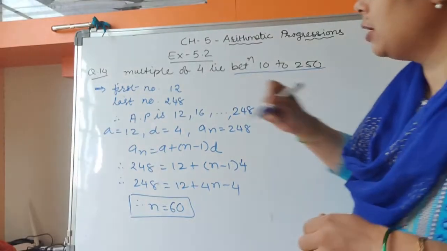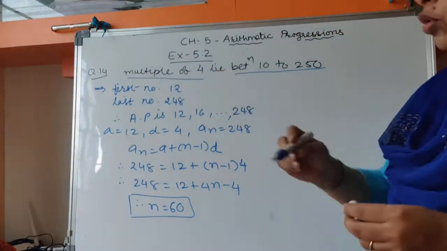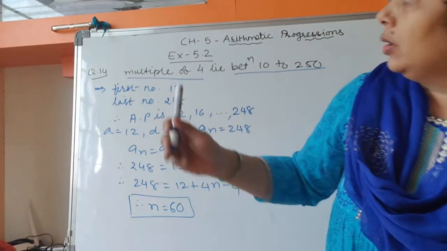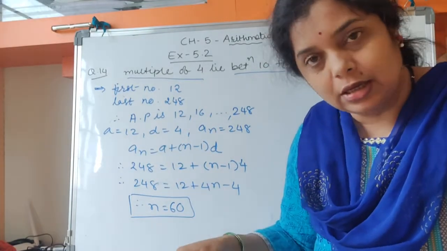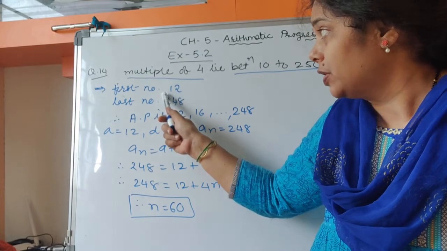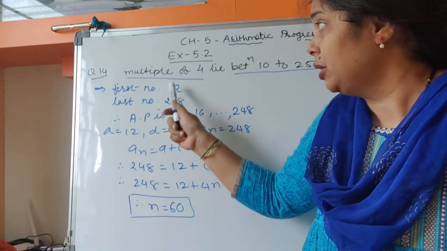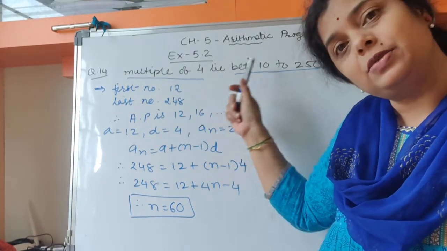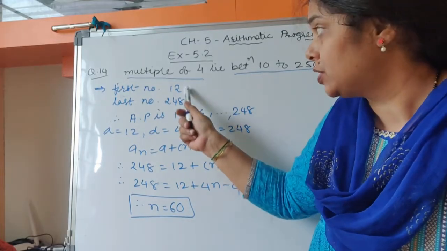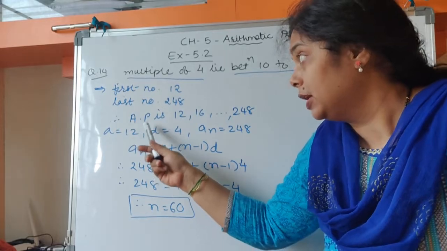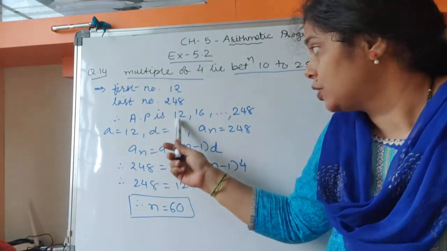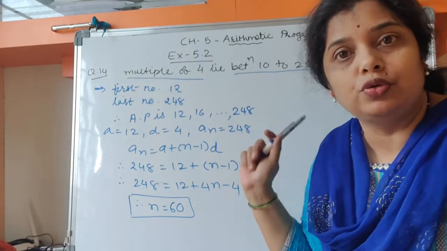And it should be a multiple of 4. If you go through the table, 4 ones are 4, 4 twos are 8, 4 threes are 12. So we can say that the first number which is a multiple of 4 and lies between 10 and 250 is 12, and the last number is 248. This way we again get an AP: 12, 16 and up to 248.